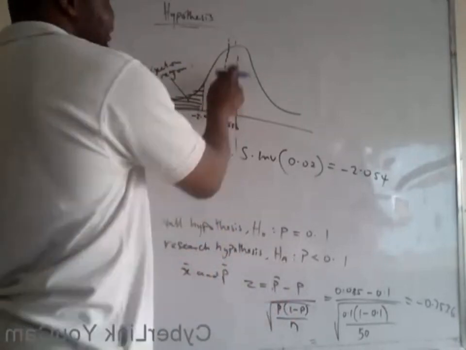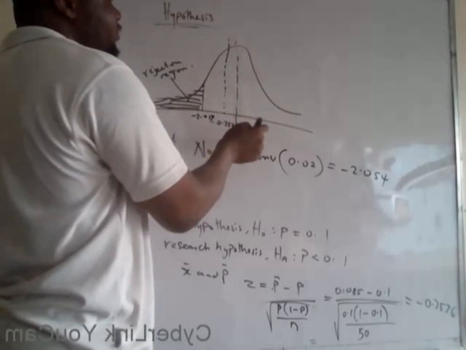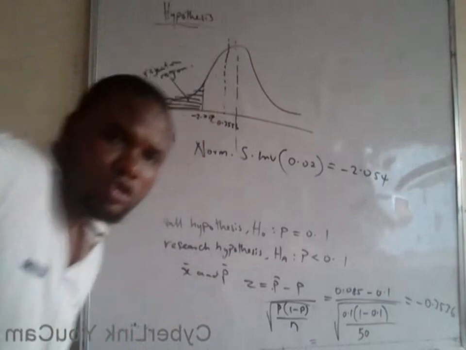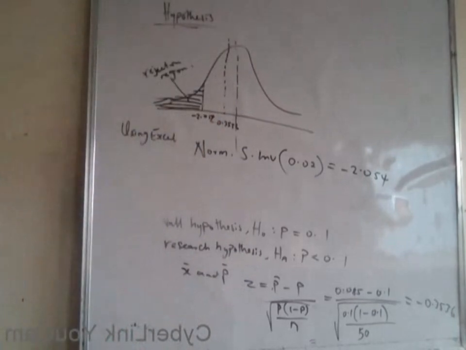And we can see that this line, minus 0.3536, does not fall in our rejection region. So we will not reject the null hypothesis. So our conclusion will be we will fail to reject the null hypothesis.